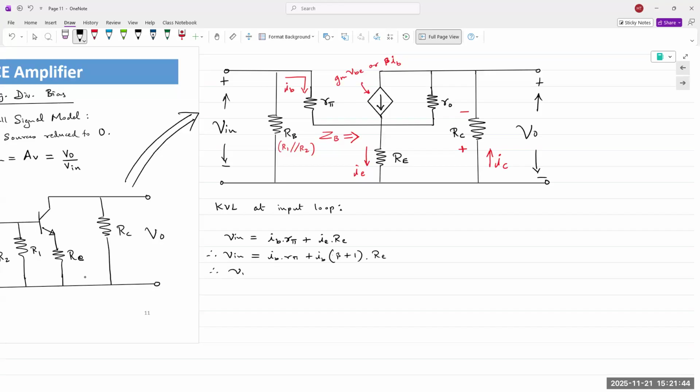IB is common, take it out and move it to the other side, and so V in over IB equals R pi plus (beta plus 1) times RE. Simply applying KVL, V in is the only voltage going across the two terminals, and it is being split across two resistors, R pi and RE. As straightforward as it gets when you apply KVL.